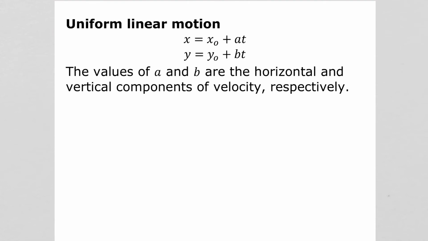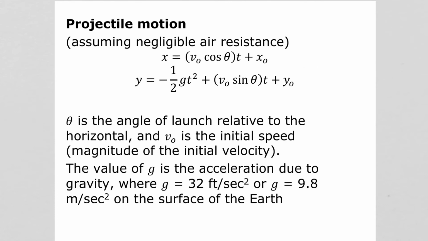For uniform linear motion, then x will be x naught plus a times t, and y will be y naught plus b times t, where a and b are the horizontal and vertical components of velocity or speed, respectively. And we'll come back to that for the last example.